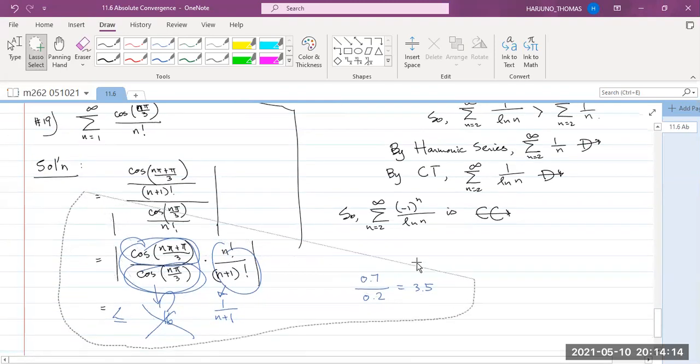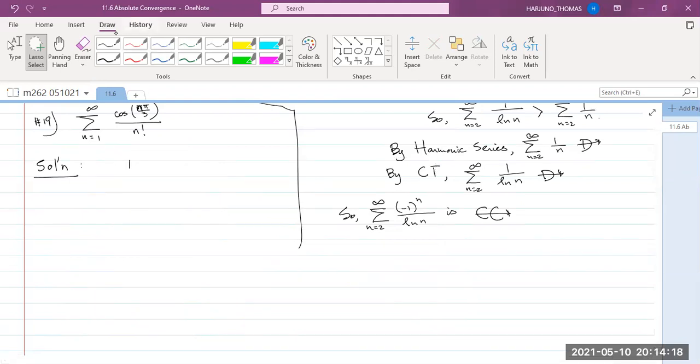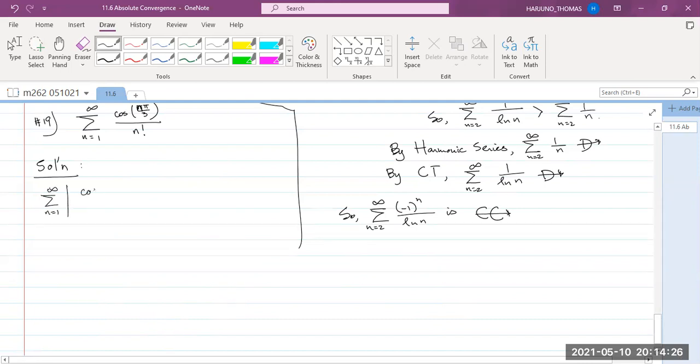Let's take a look at the absolute value. The series from n equals 1 to infinity of the absolute value of cosine n pi over 3 over n factorial is for sure less than or equal to at most 1 over n factorial.